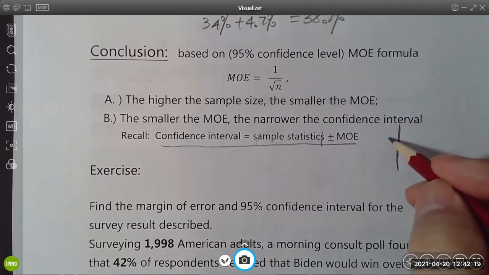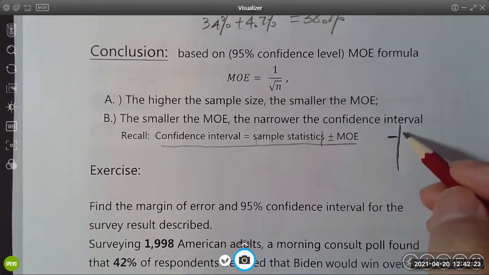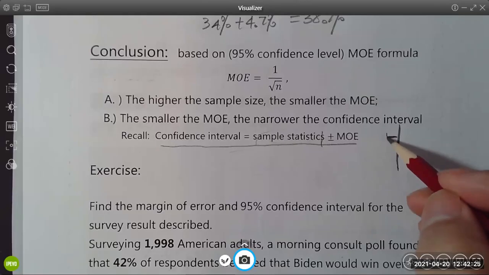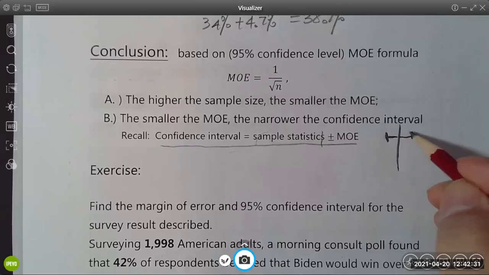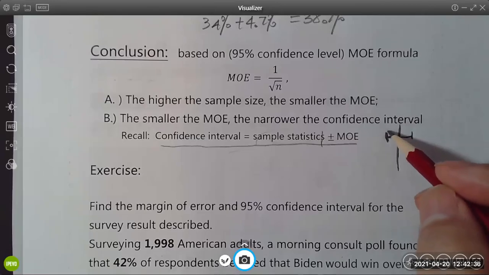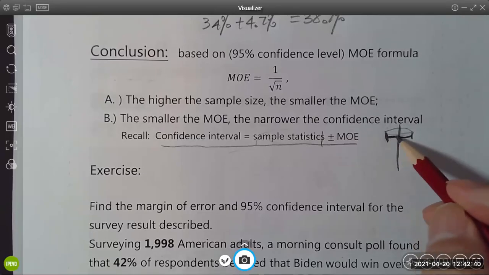If your margin of error is this big, when you subtract this number, you get a number at the left end. When you add the margin of error, you get the upper end to the right of the statistic. This distance is called the confidence interval, for a margin of error this big.